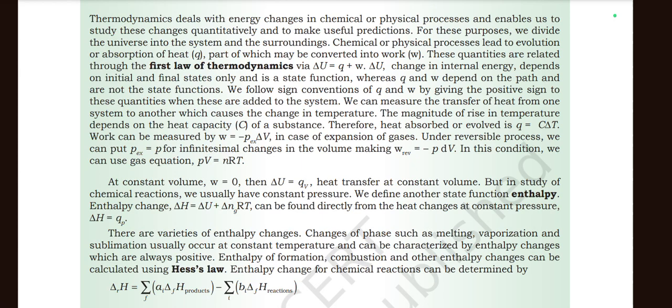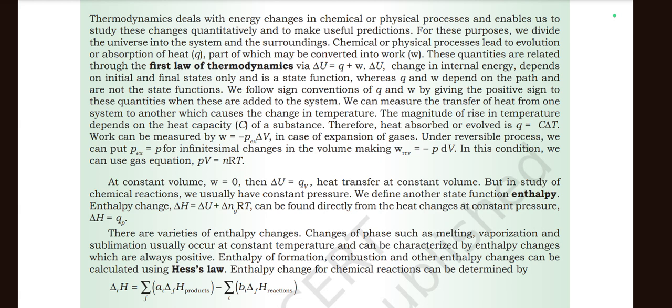We follow the sign convention of q and w by giving a positive sign to these quantities when they are added to the system. We can measure the transfer of heat from one system to another, which causes a change in temperature. The magnitude of rise in temperature depends on the heat capacity of the substance. Therefore, heat absorbed or evolved is q = CΔT.